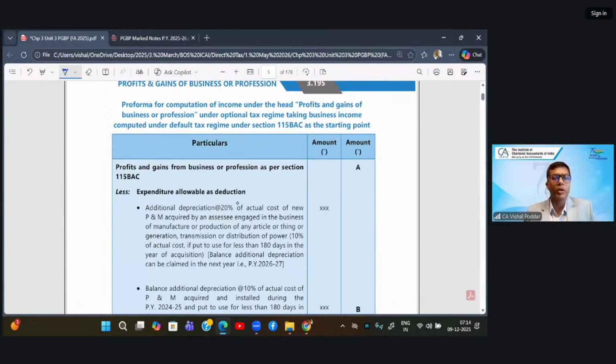Now, for the person who has opted out of the default scheme, that is, the person has gone to the old scheme, which is the optional scheme. Now, in such cases, besides the above adjustments, you have some more adjustments to be done. Now, these are those expenses which are not allowed as per the new scheme.